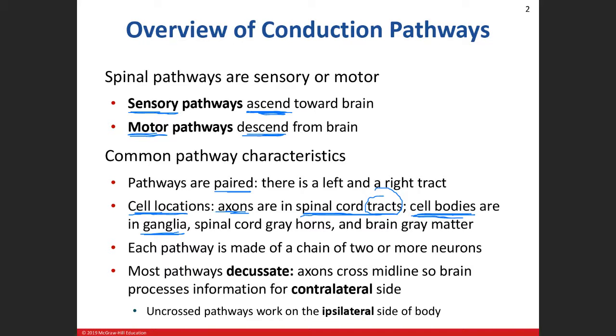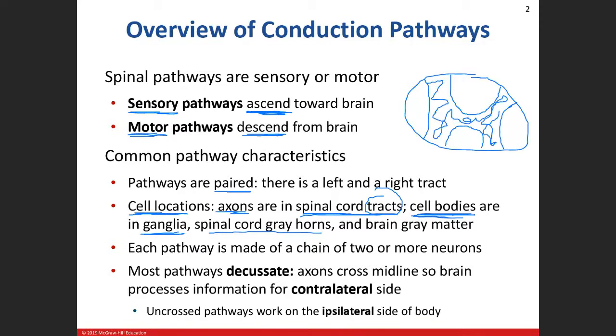Also, when we're talking about the cell locations, spinal cord gray horns. Here's your spinal cord. This is going to be a very horrible picture. You got this letter H kind of structure in the middle of it, with a little hole in the middle. All this that I'm shading in is gray matter, and the parts that I didn't shade in is white matter.